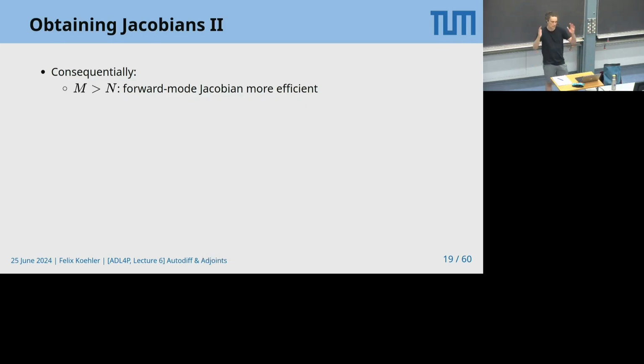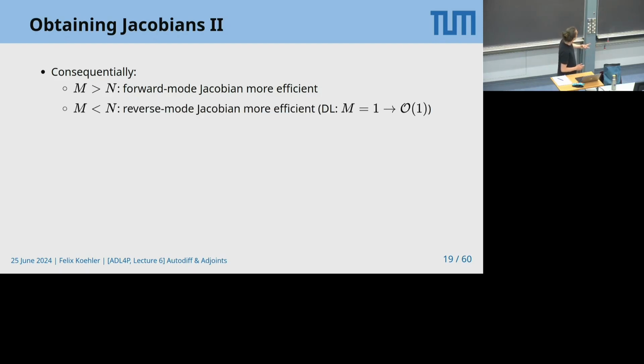You might say this is like a tiny, skinny Jacobian matrix, and then forward mode is more efficient because you might only need to do 5 push forwards. If it is the other way around, so if we have way more columns than we have rows, then reverse mode is more efficient.